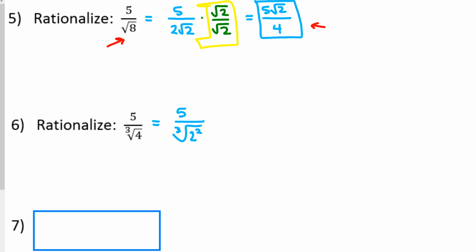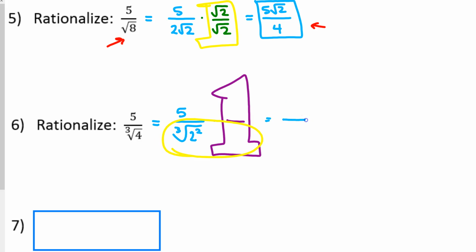Now ultimately, what I would like to see when I multiply by some special form of 1 here is my denominators multiplying to give me just 2. So the cube root of 2 squared times the cube root of what would give me just 2. It would have to be the cube root of 2, because then altogether, when you multiply those denominators, you would have the cube root of 2 cubed.